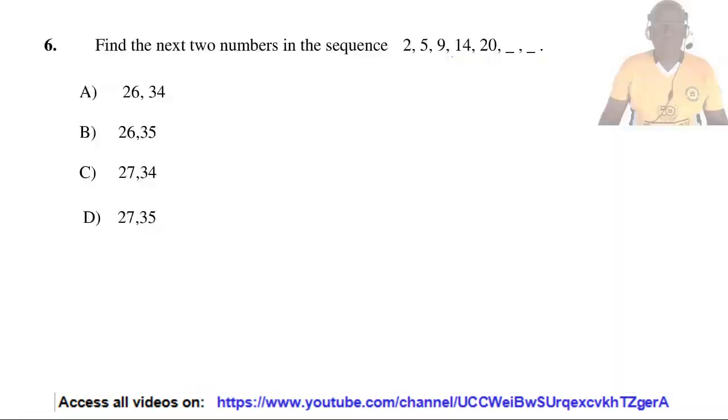Question 6. Find the next two numbers in the sequence. That is 2, 5, 9, 14, 20. Take note that 2 plus 3 equals 5. 5 plus 4 equals 9. 9 plus 5 equals 14. 14 plus 6 equals 20.